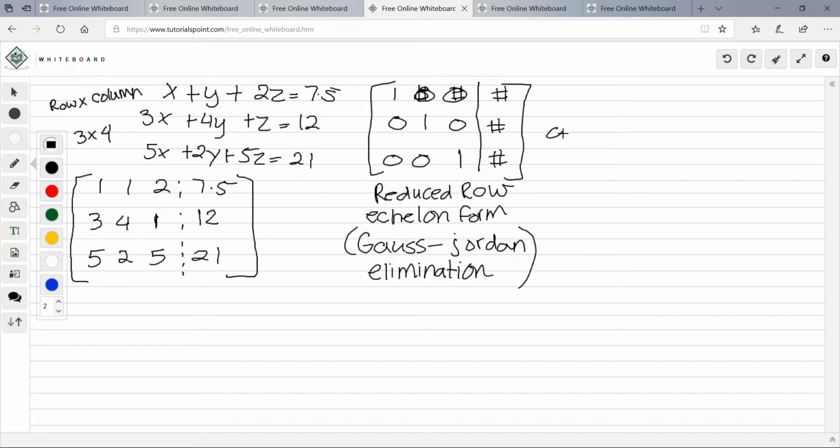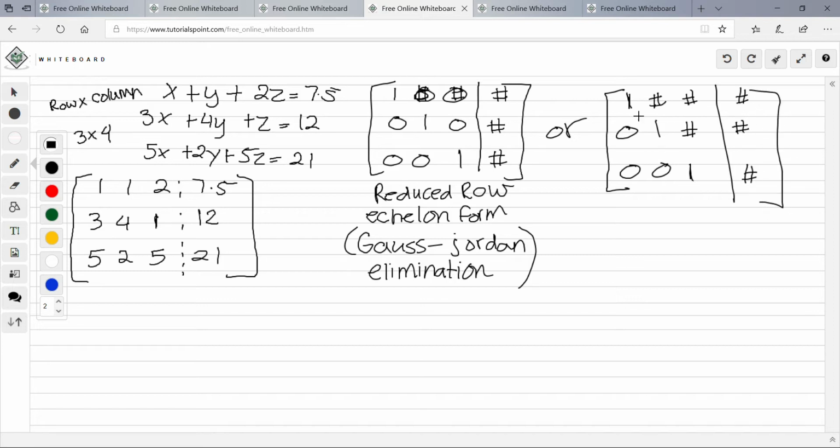Or we can also make our matrix look like this. I'm going to use row echelon form because if you're going to do some kind of substitution, we're going to have it in this form. So it's going to be 1, a number, 0, 1, a number, 0, 0, 1, a number.